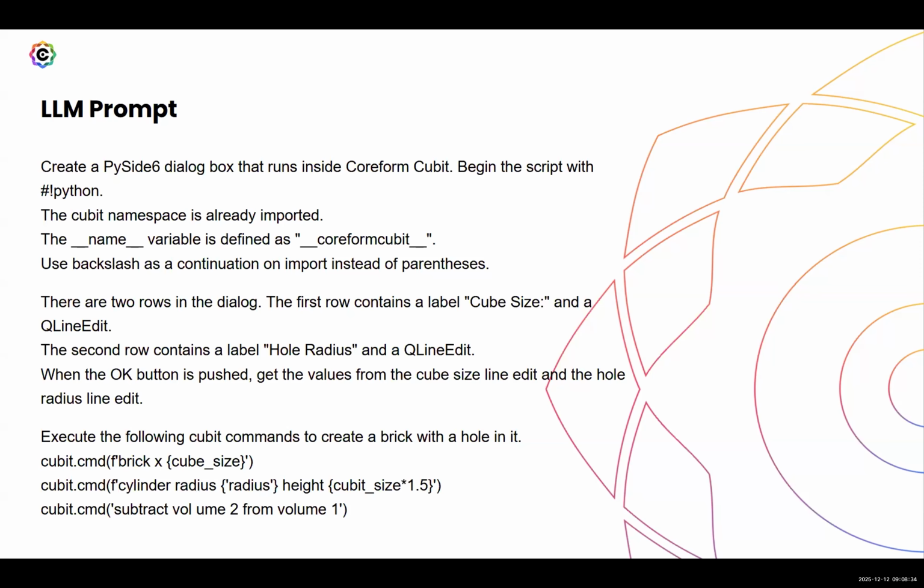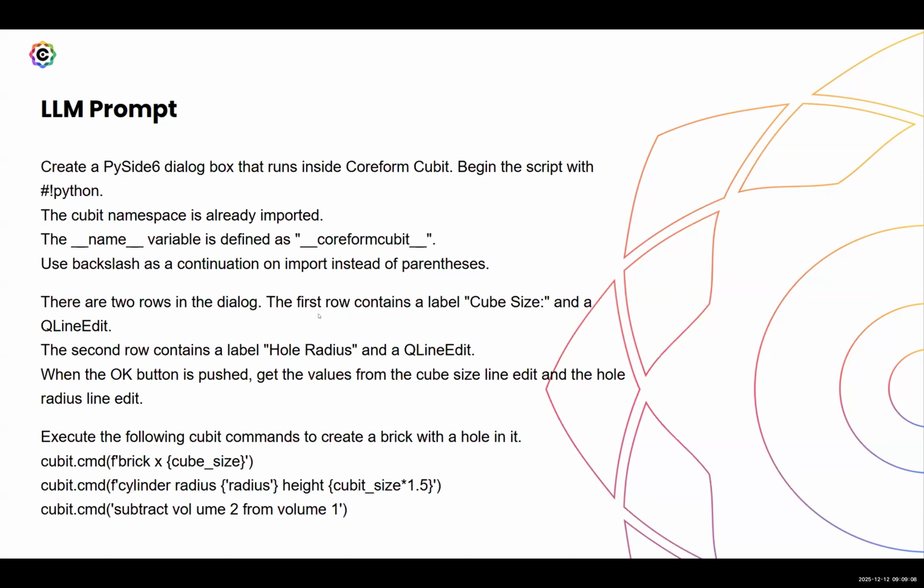I'm running this inside of Coreform Cubit, not externally where I'm running main, so the name variable is defined as __Coreform Cubit__. And there is a limitation in the Cubit Python importer where it didn't like the parentheses around imports, so just use backslashes as continuations. So this first paragraph is just a little bit of preface to help the LLM get situated.